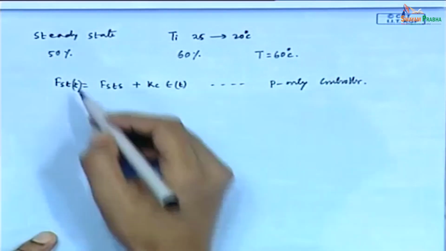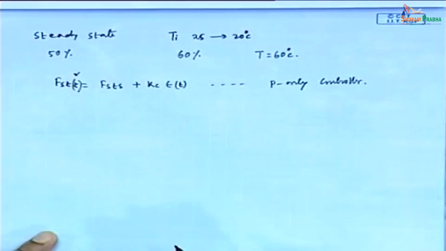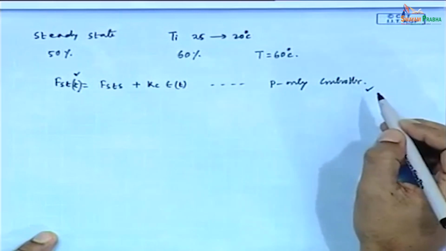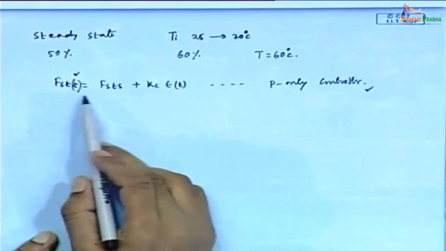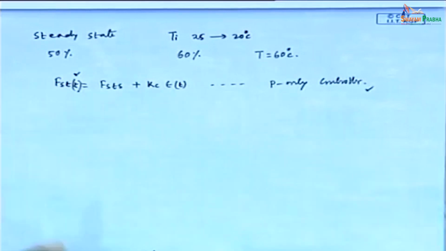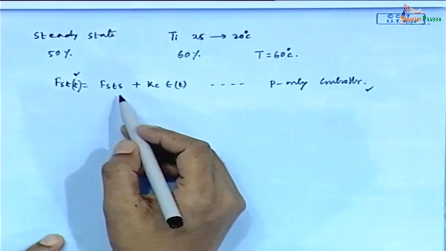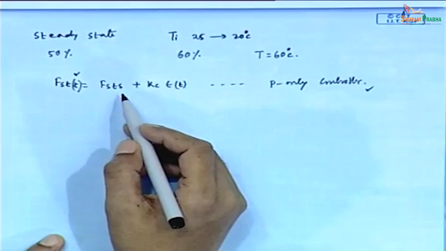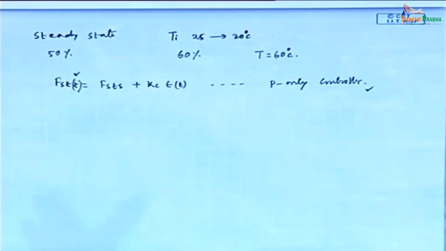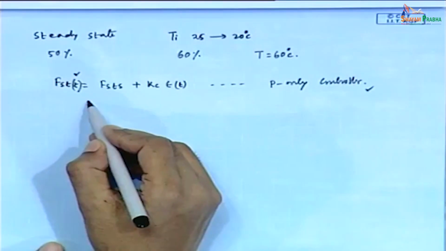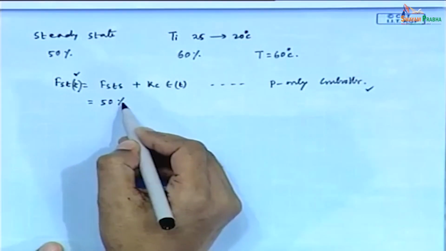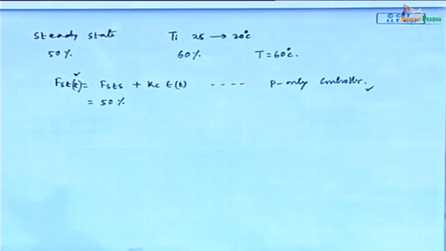What is Fst,s? Steady state value of Fst. If we represent Fst in terms of percentage opening, then Fst,s is nothing but 50%, because that is the steady state value of Fst.